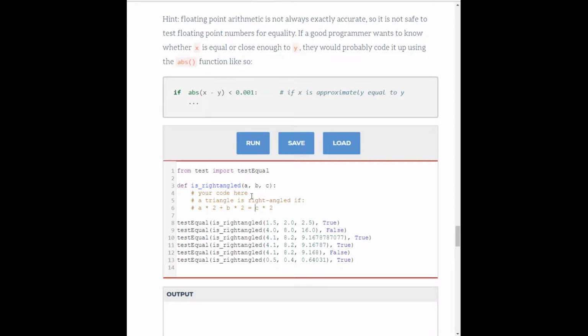So this is what we're testing for. Is a squared plus b squared equal to c squared? And if it is, the triangle's right angled. If it's not, the triangle is not right angled.